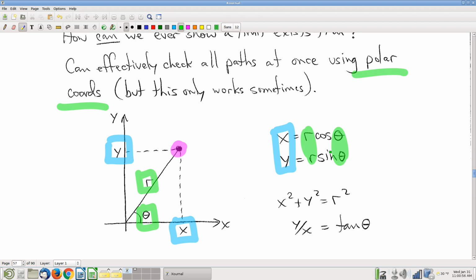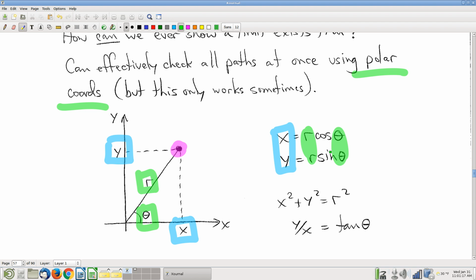Coordinates being just different ways to describe where you are. So if you tell me the x and y, that tells me where you are. If you tell me the theta and the r, that tells me where you are. So it's just called a different coordinate system. So polar coordinates, they call it. And we'll say more about it later.